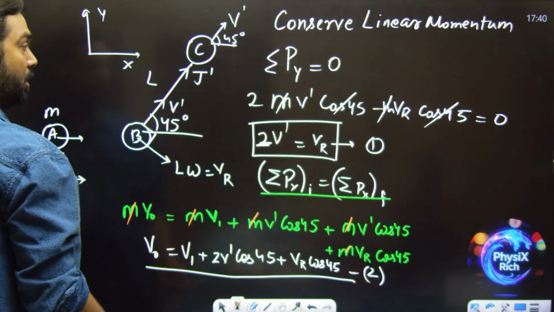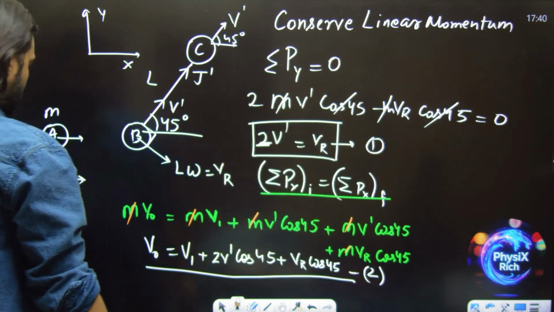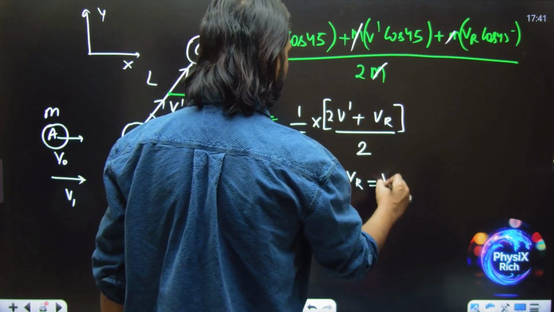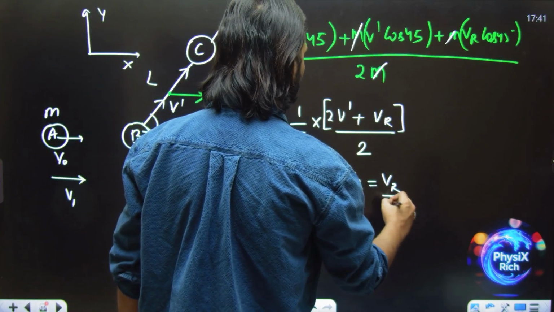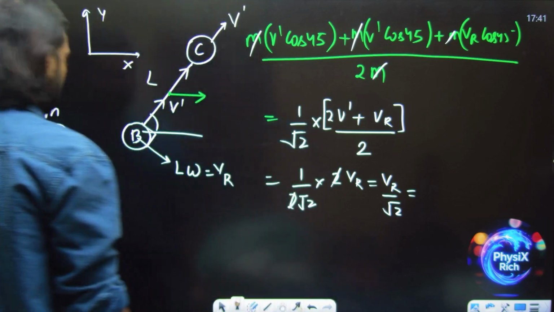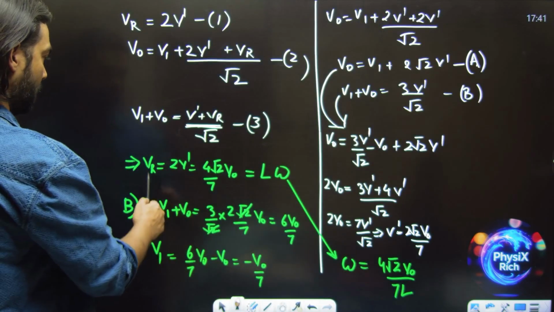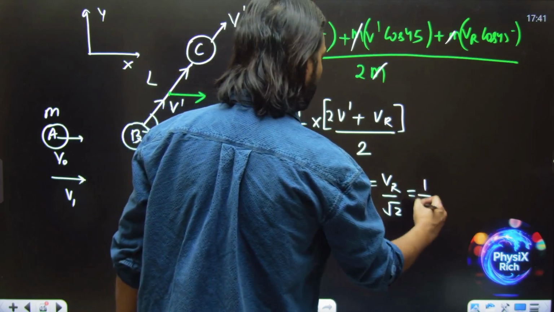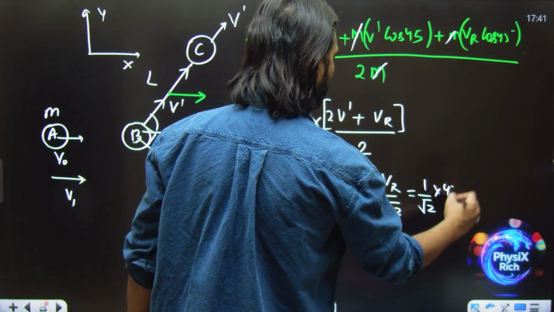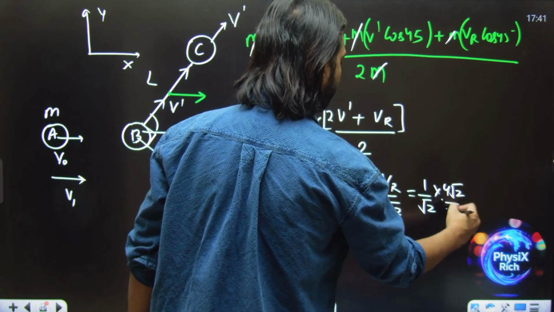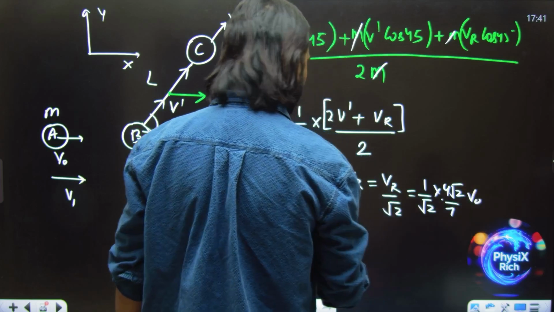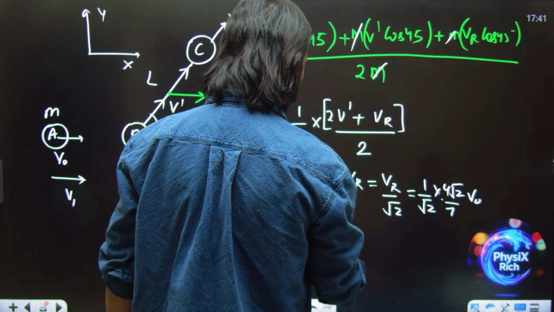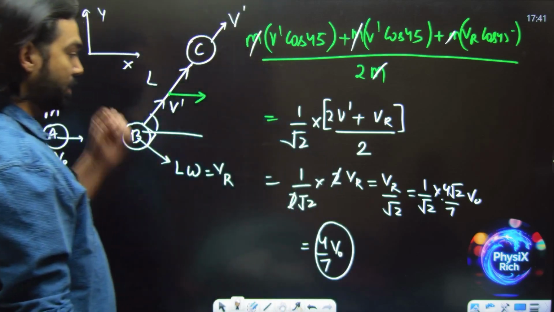Now 2 cancels, so this is basically vr upon root 2. And vr was 4 root 2 by 7 v naught. So this is 1 by root 2 times 4 root 2 by 7 v naught, and that gives us 4 by 7 v naught. Very simple.